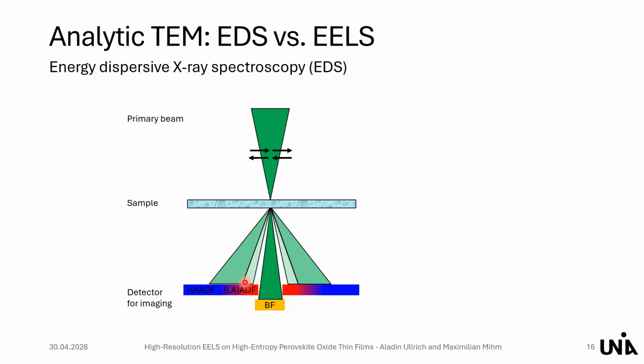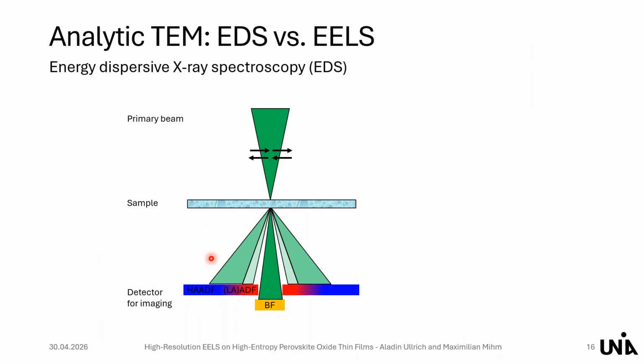Due to the scattering mechanisms, the high angle annular dark field detector is sensitive to the Z contrast of your sample. That means this gives you these very nice atomically resolved maps where you can nicely see heavier and lighter elements, as shown by Max before with the manganese and the rare earth metals.